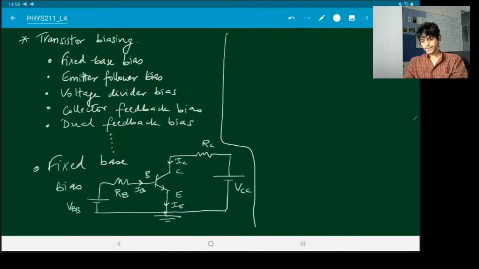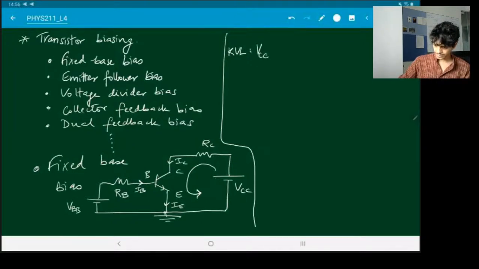Now let's apply Kirchhoff's voltage law to this loop. So this says that VCC is equal to the potential difference across RC, which is ICRC, and then you have the potential drop between the collector and the emitter.